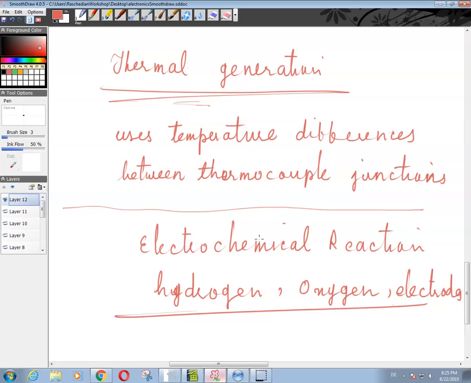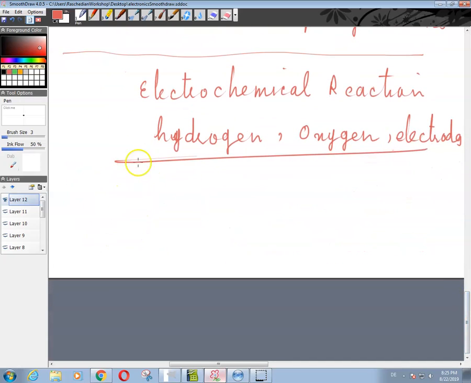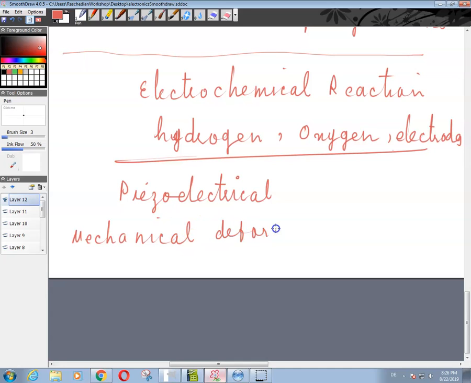Now, I don't really know what these materials are, but if you want to research this, it's called the piezoelectrical effect.